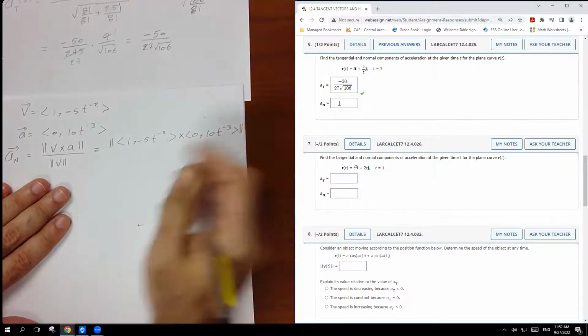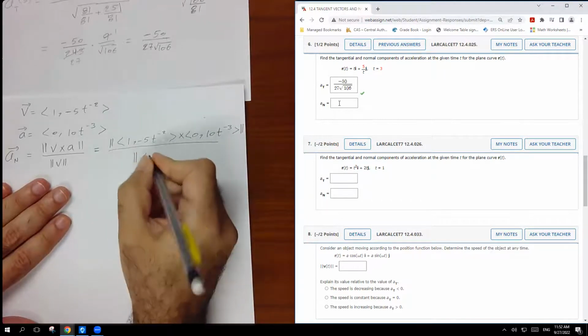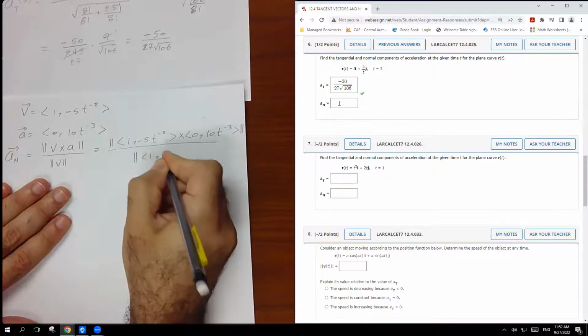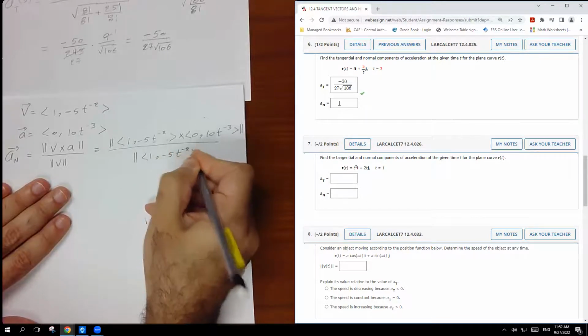And here is the length over the length of the vector V, which is 1, negative 5, T, negative 2.